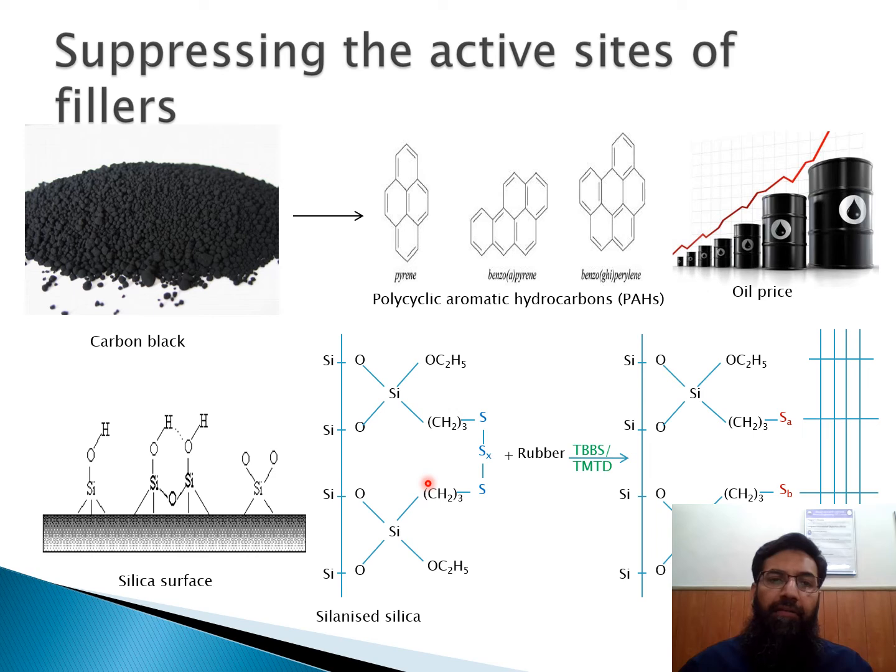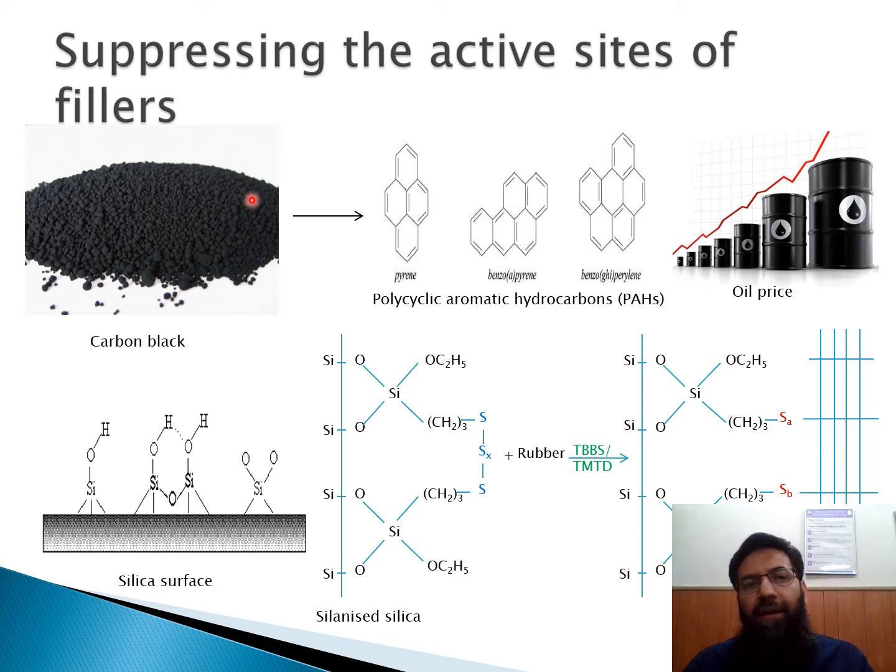And in fact, the carbon black does have some active sites, and those active sites are actually the polyaromatic hydrocarbons which are present on the surface of the carbon black. Due to the presence of these polyaromatic hydrocarbons on the surface of the carbon black, it slightly becomes carcinogenic in nature, because polyaromatic hydrocarbons are potential carcinogens.